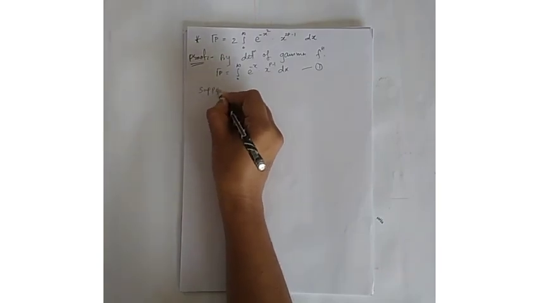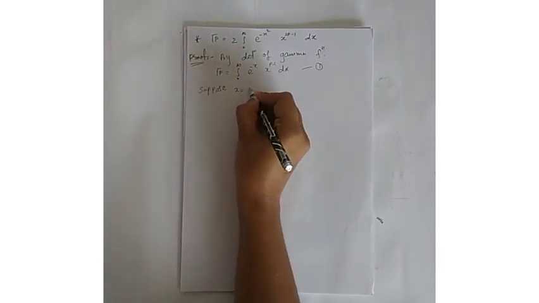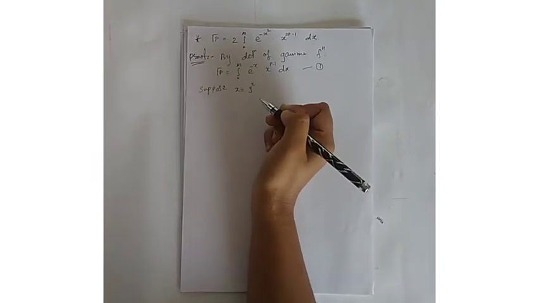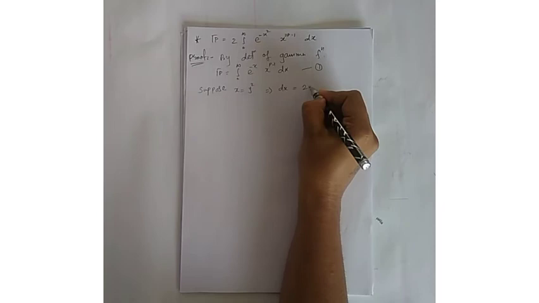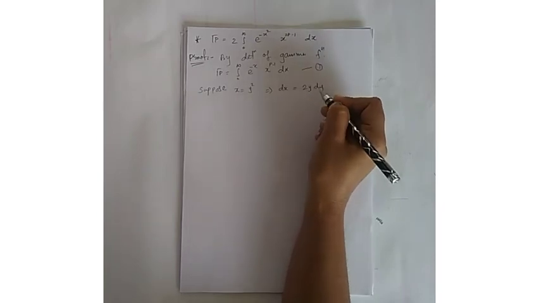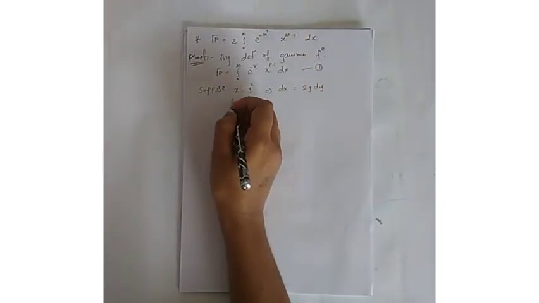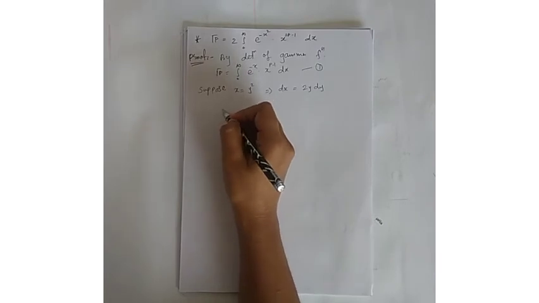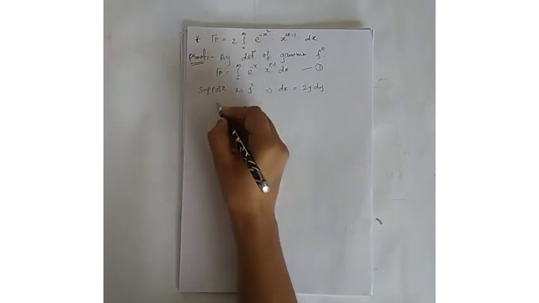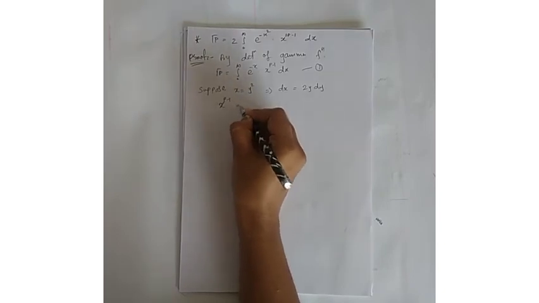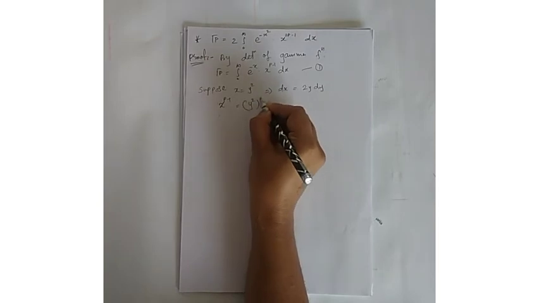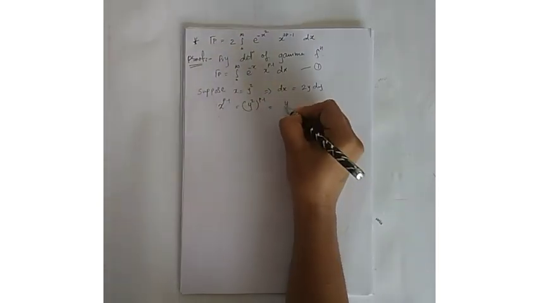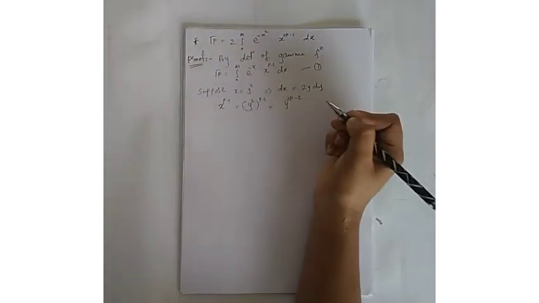Here suppose x is equal to y square. So dx is equal to 2y dy, and x raised to p minus 1 is equal to y square raised to p minus 1, that is y raised to 2p minus 2.